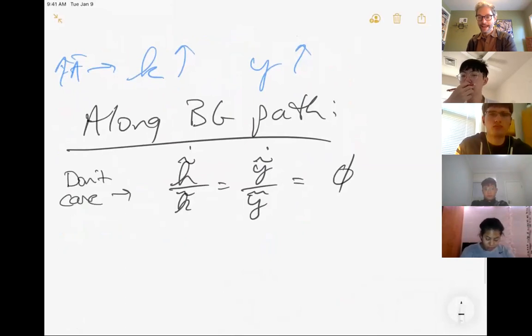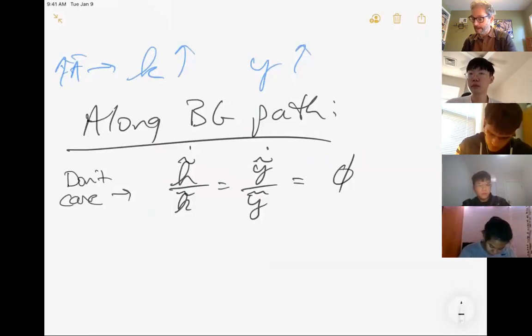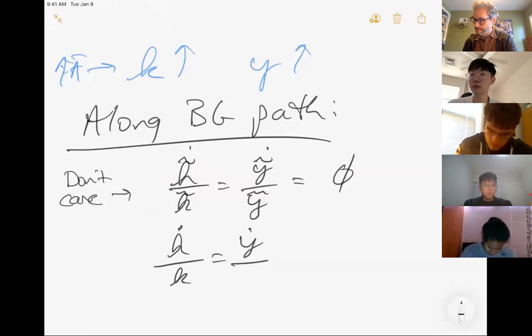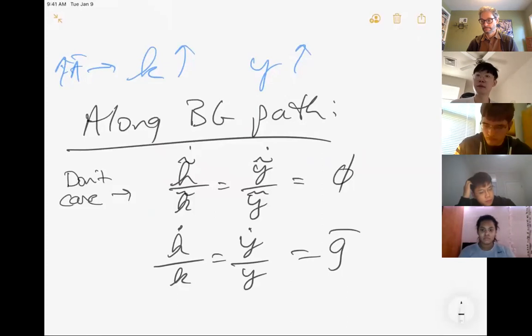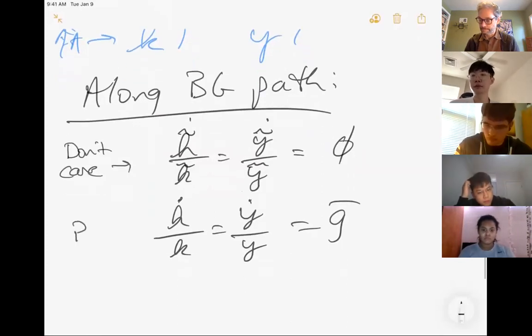I mean, we care from a perspective of being able to graph it, but that's not from a policy perspective or from a welfare perspective, that's not what we care about. What we care about is this. And that's going to grow at the rate of G. So if G bar goes up, these per capita variables have to go up.